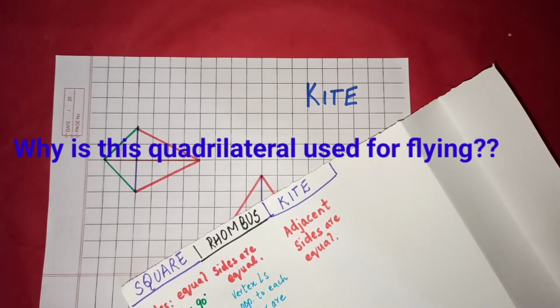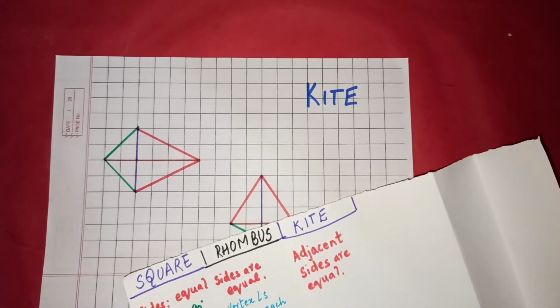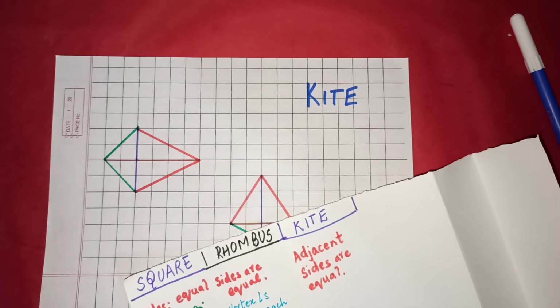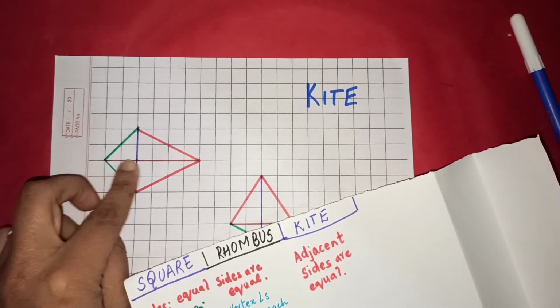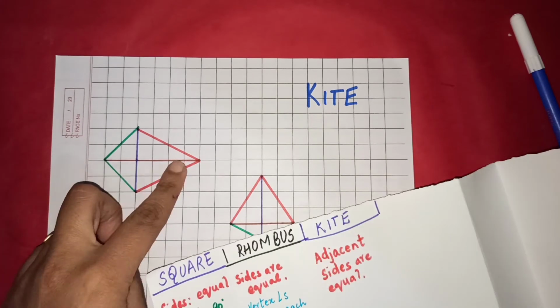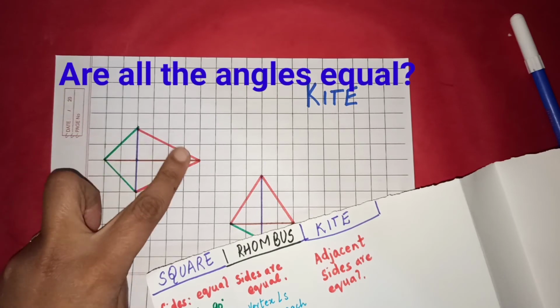Now let's look at the angles. I am having a protractor with me, but if you need to figure out the angles without the use of protractor, can you just think about the angles? Are all the angles equal?